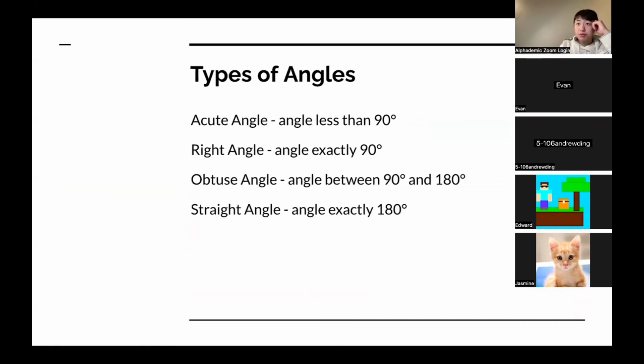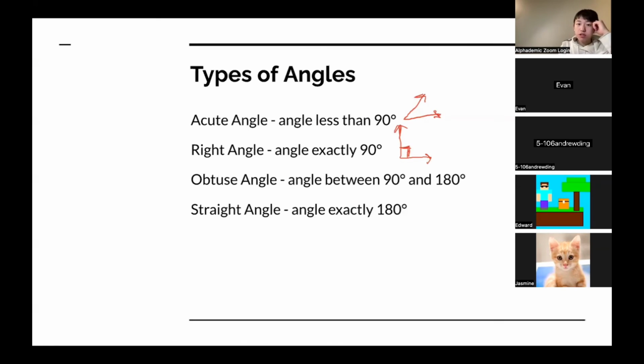Next, we have the types of angles. First up, we have an acute angle, which is an angle less than 90 degrees. It would usually look something like this. A right angle is an angle exactly 90 degrees, and it will always be shown with a box right here to signify that it is a right angle.